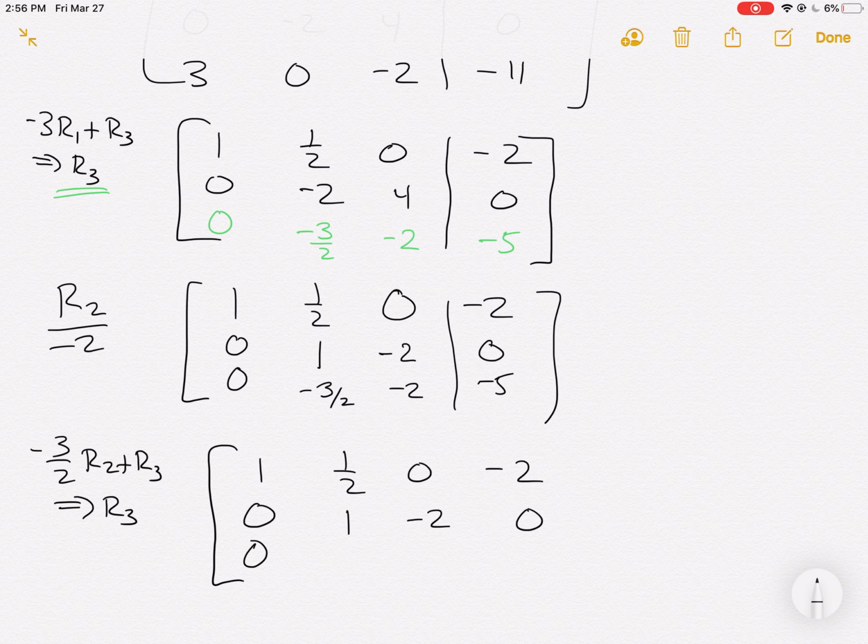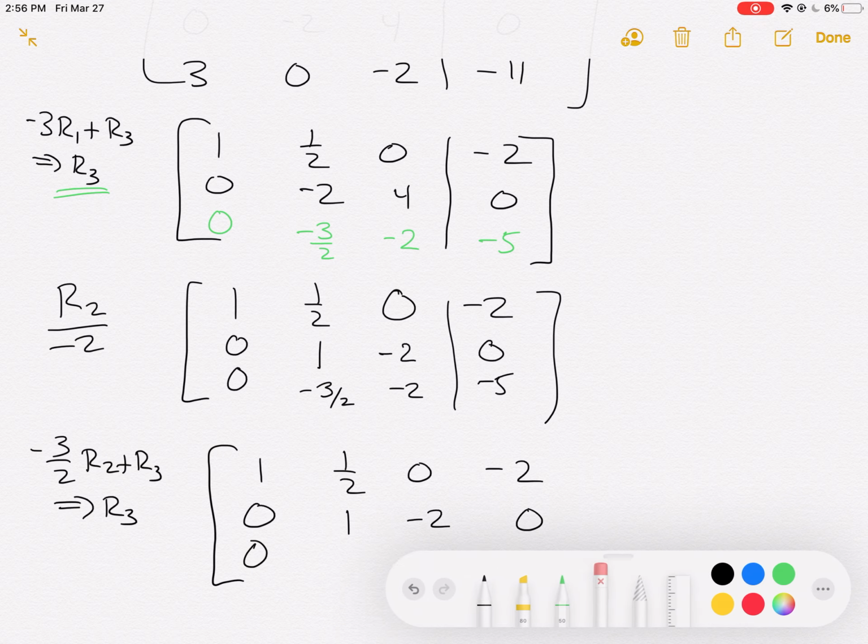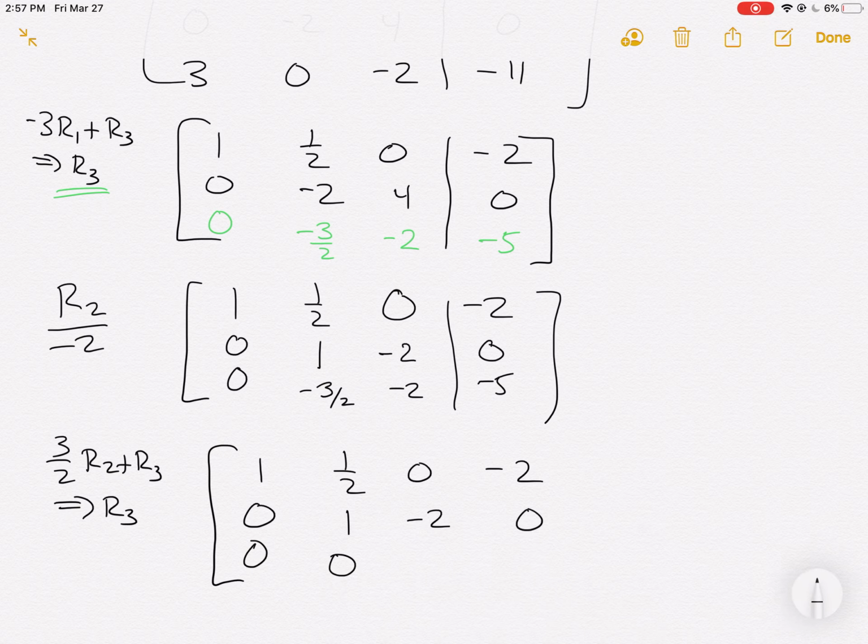Negative 3/2 times 1. For the first time, I'm realizing I don't need a negative 3/2. I need it to be positive 3/2, because I'm not going to get that to be 0 unless I use positive 3/2. So positive 3 halves times 1 is 1, plus a negative 3 halves is 0.